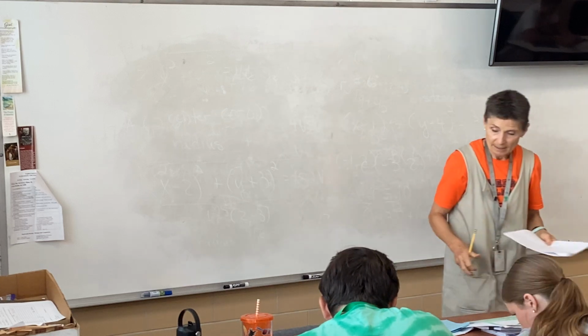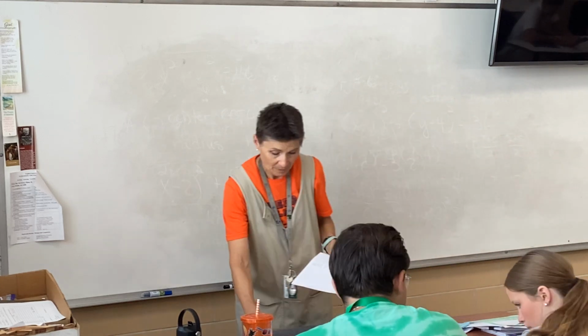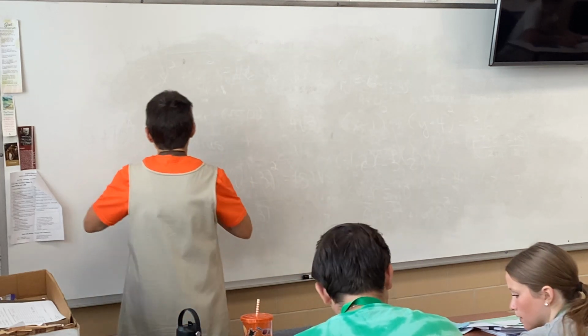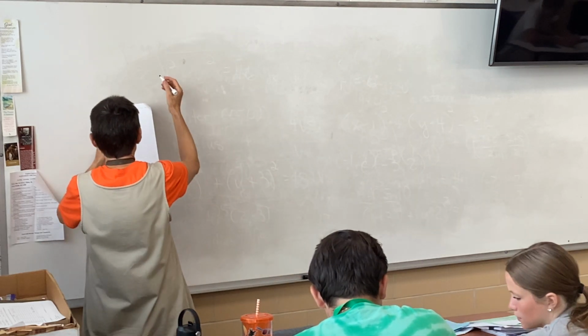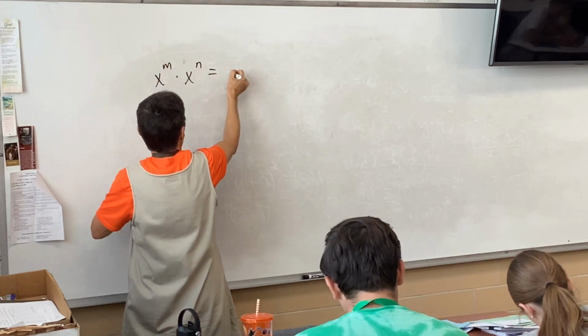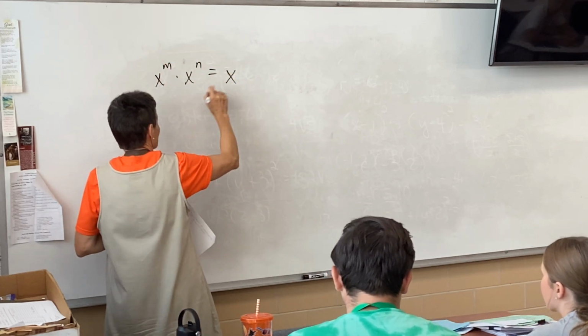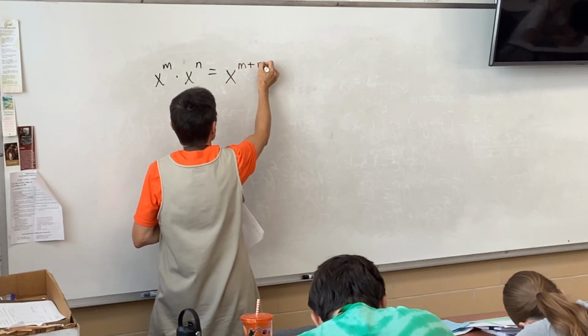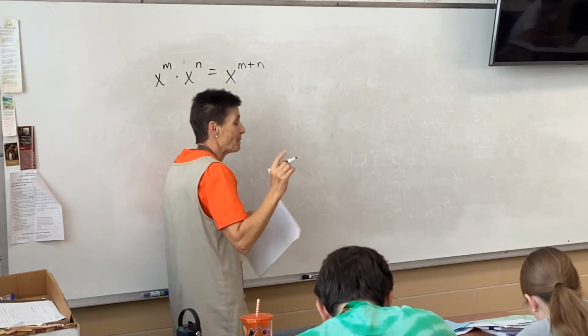All right, number 6, properties of exponents. I didn't label these A, B, and C, sorry about that. What's this one? X to the what power? M plus N. Yeah. I want you to think about this.